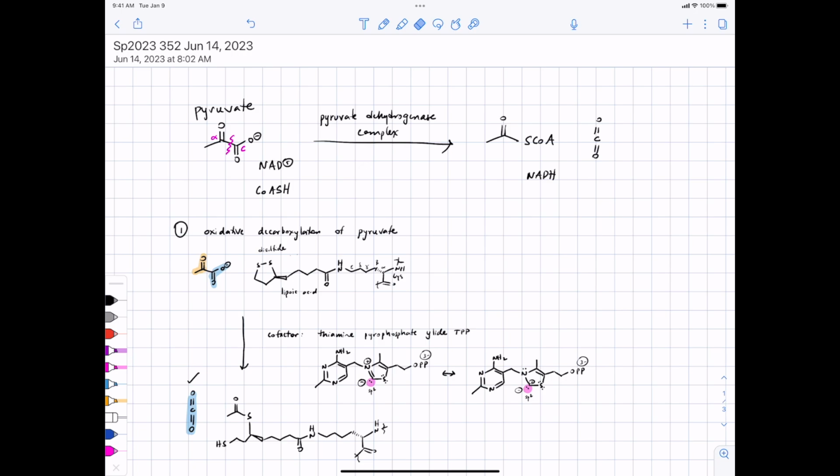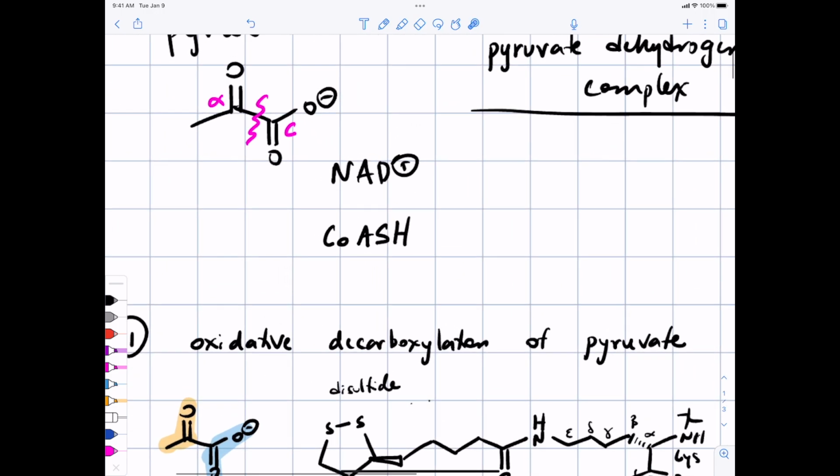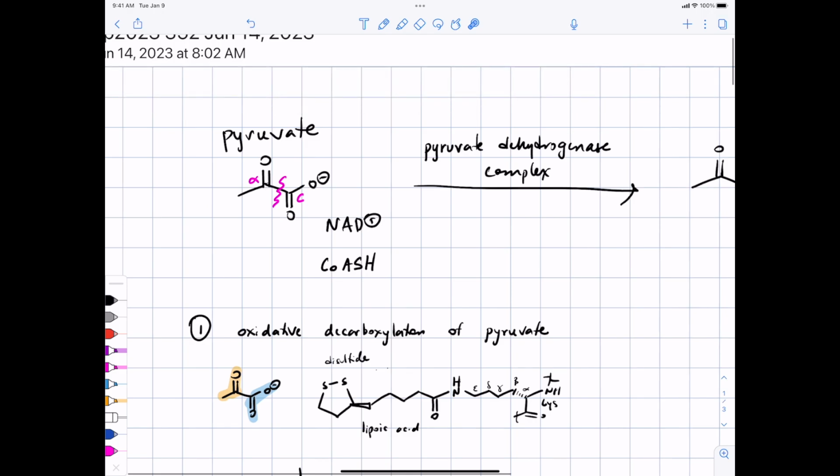An overview of just this reaction or like everything? Okay. Yeah, so you're starting with a 3-carbon molecule pyruvate. You've got a carboxylic acid and a ketone. We call this an alpha keto acid.